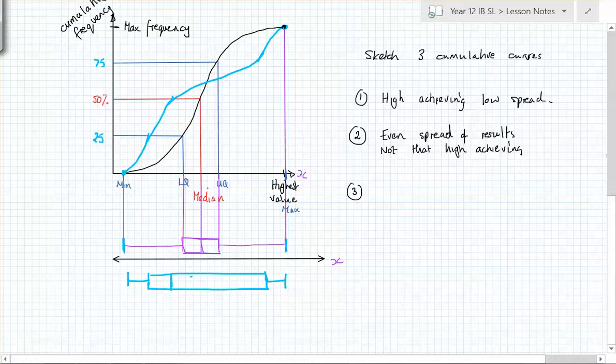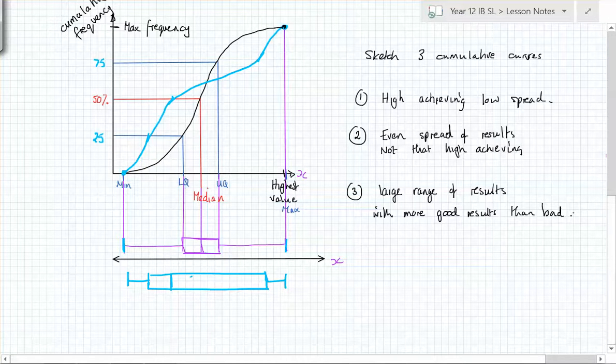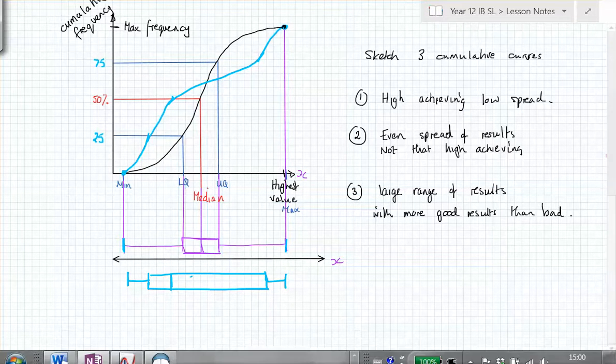Question 3, a large range of results, from poor to high, with more good results than bad. So I would like you to think about what the cumulative frequency curves would look like for those 3 situations, and sketch those for me.